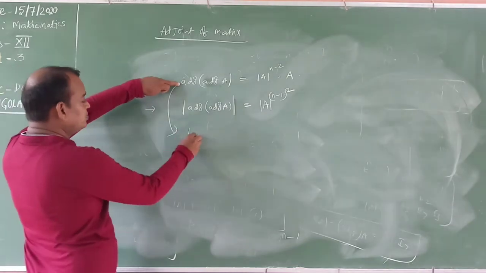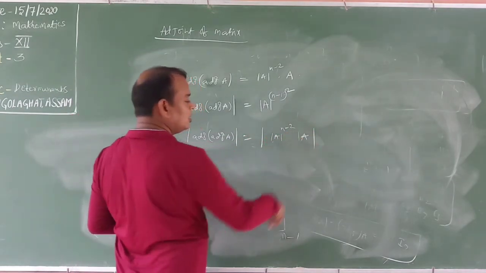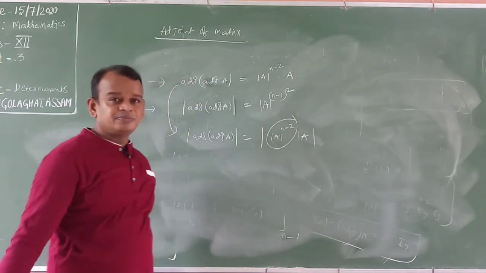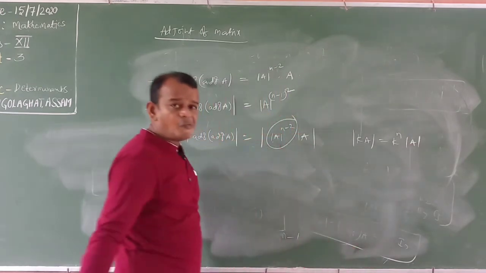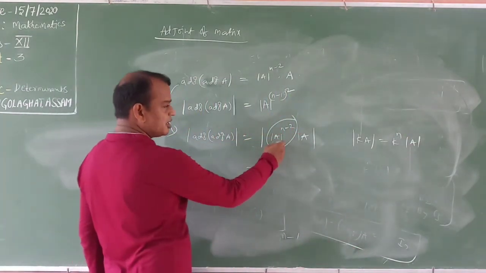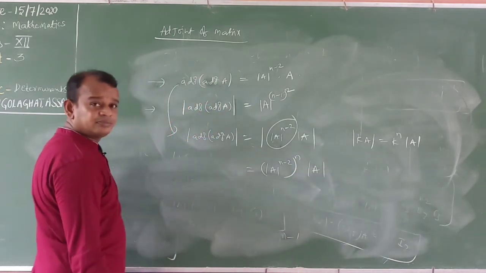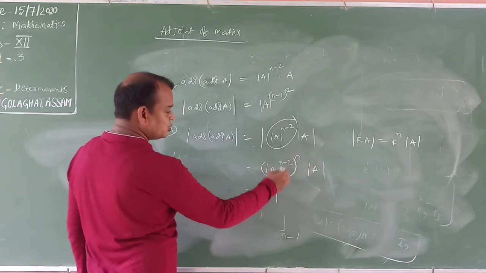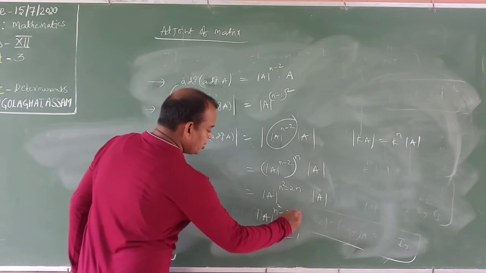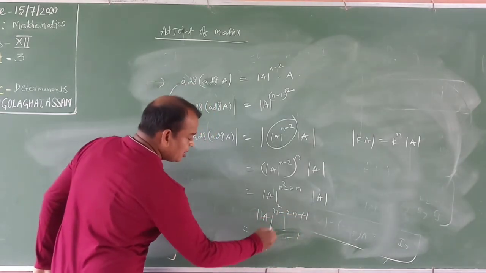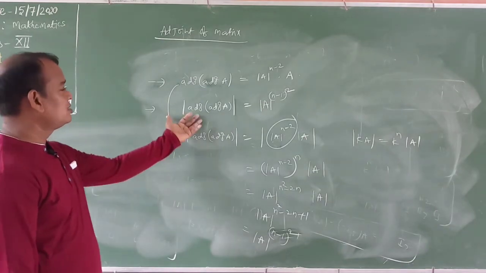Taking the determinant on both sides: the adjoint of adjoint of A is equal to det A power n minus 2 into A. This is a scalar, 100%. Call it k. The determinant of kA is k power n into det A. Here k is det A power n minus 2, so we have det A power n minus 2 whole power n, into det A. That equals det A power n into n minus 2, that is n squared minus 2n, into det A. With the same base, the powers must be added: det A power n squared minus 2n plus 1, which means n minus 1 whole squared. This is the formula.